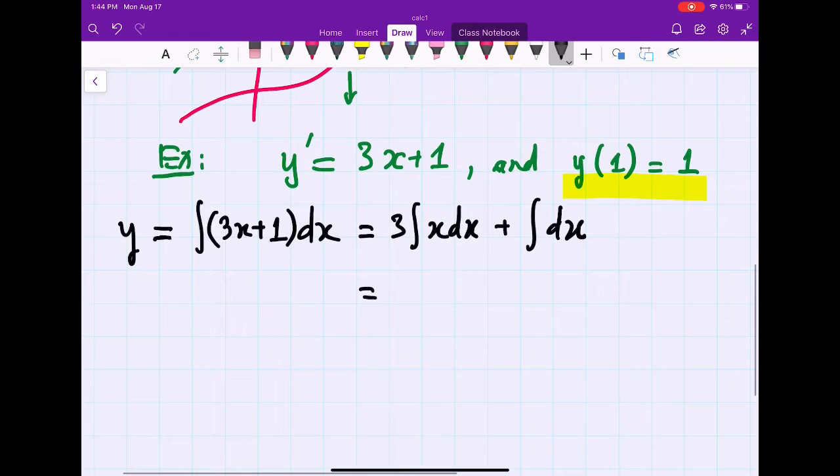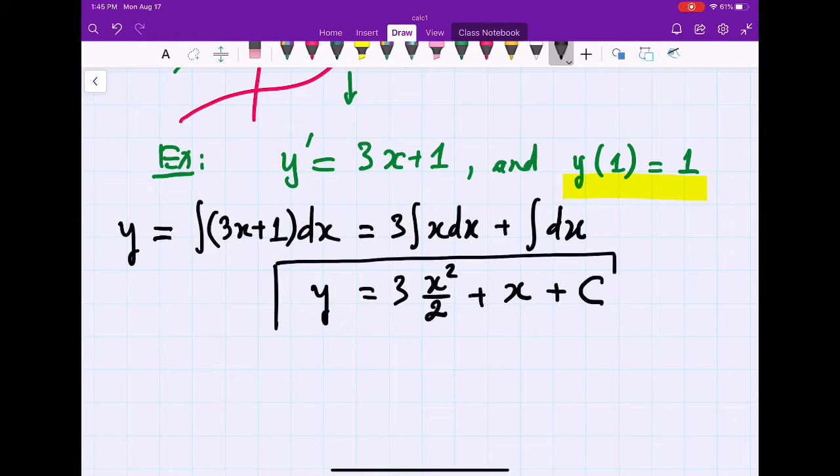And we know the antiderivative of x is x squared over 2, and the antiderivative of 1 is just x, and don't forget the constant c here. So that is our family of antiderivatives. And of course, from this family we need to determine only one curve satisfying this initial condition.